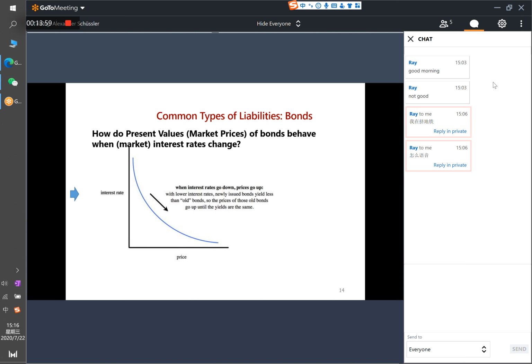The prices of the old bonds have to go up, because the old bonds are very competitive, because they yield higher interest rates, and investors are buying those bonds in order to adjust to the new market environment.